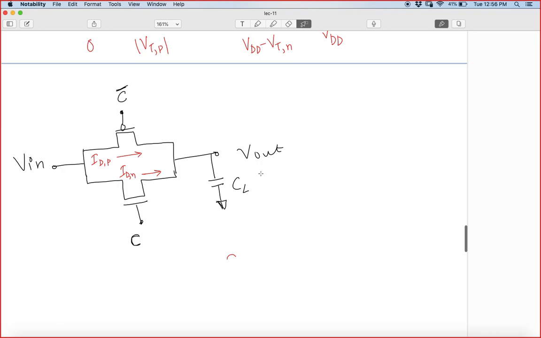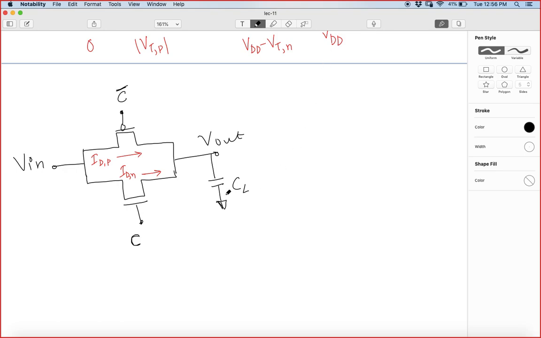So now, how do I find out the equivalent resistance? To know the resistance of any circuit, it can be a linear or non-linear device, if I divide the potential difference by the current flowing through it, then I can find the approximate resistance.